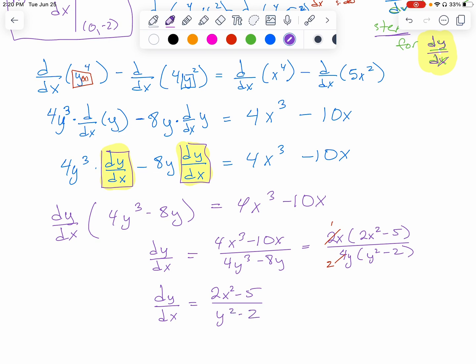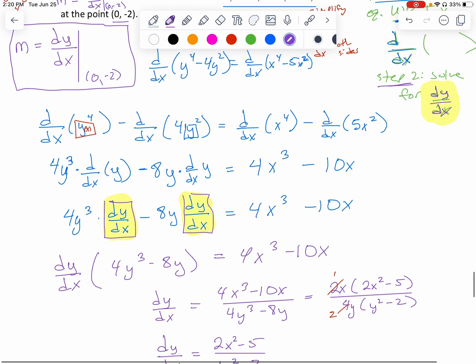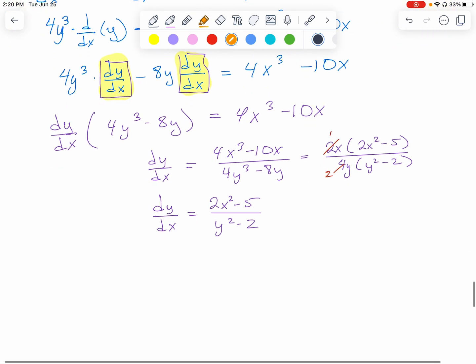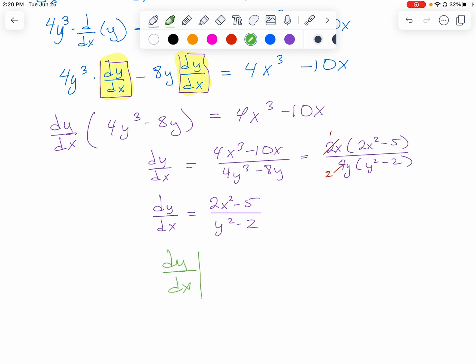So to answer that original question of finding the slope of this line, because we need to find the line, that's really the original question. We need to find the slope defined at 0, negative 2. We're going to plug in, we want to find dy dx with respect to the point 0, negative 2.